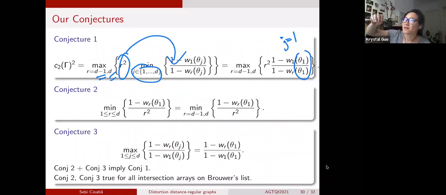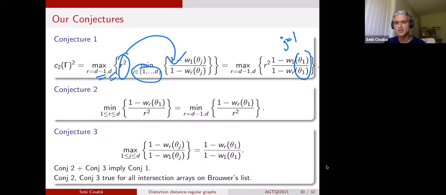But if the diameter is even or odd, I forget how it will work. Those cosines for the least eigenspace, they alternate in sign. So it looks like this fraction should be negative, because one of the terms should be positive and the other one negative. Which fraction is negative?